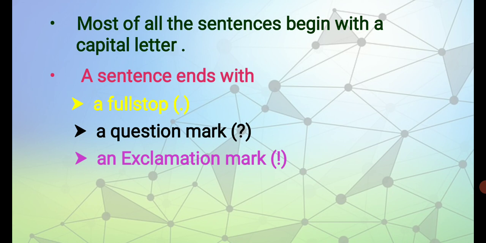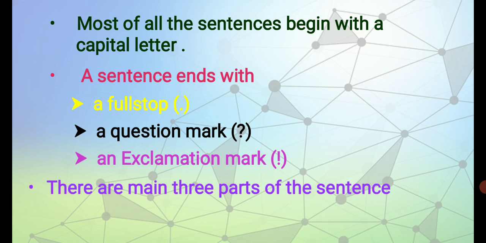So these are two main rules of the sentence, and which are they? First letter capital, and after the sentence always complete with a full stop, question mark, or exclamation mark. Now this is the rule of how to write the sentence.